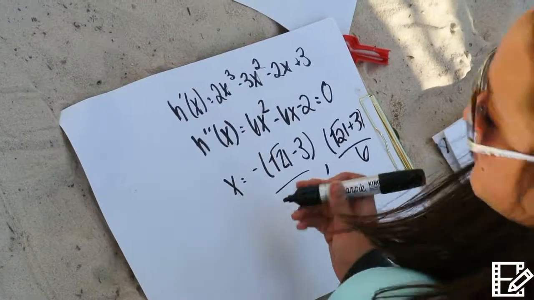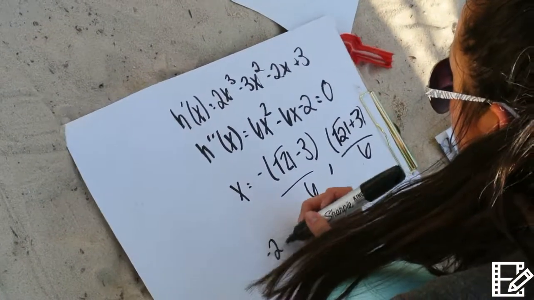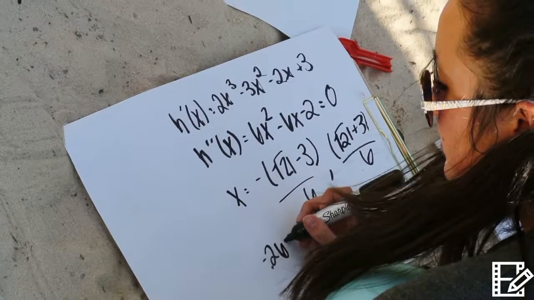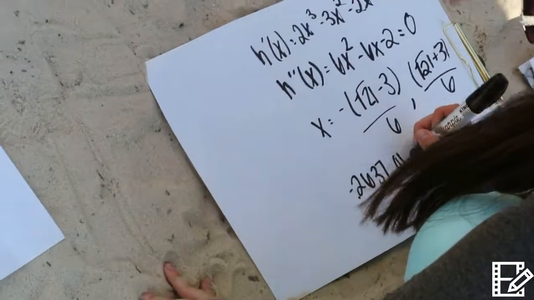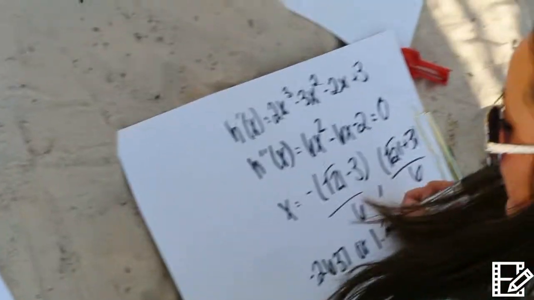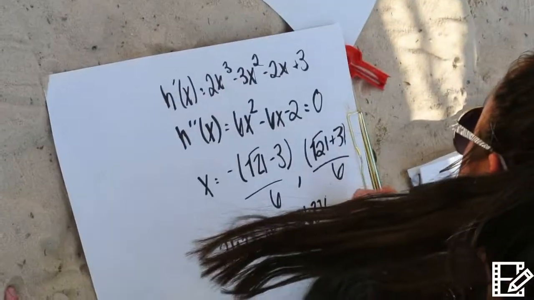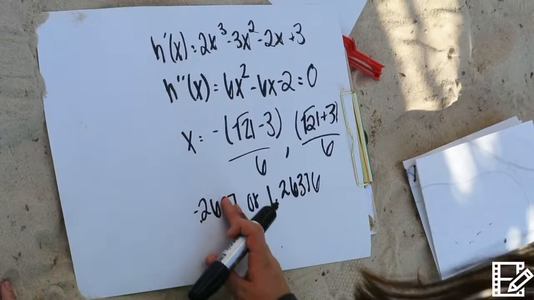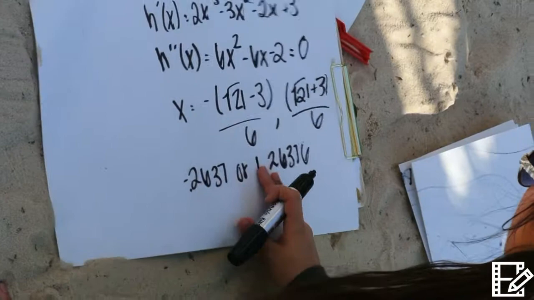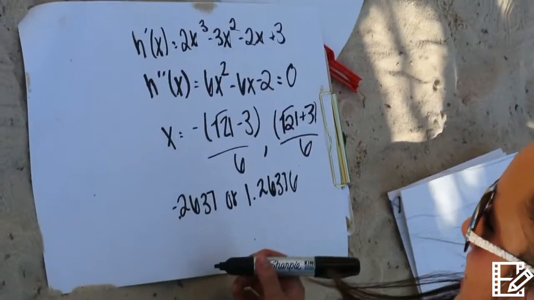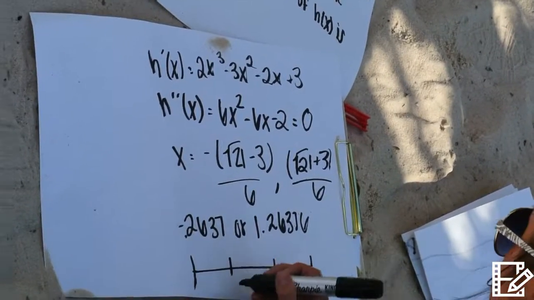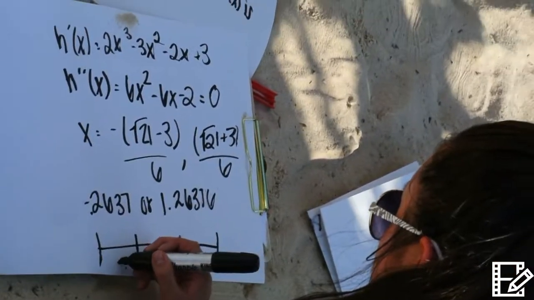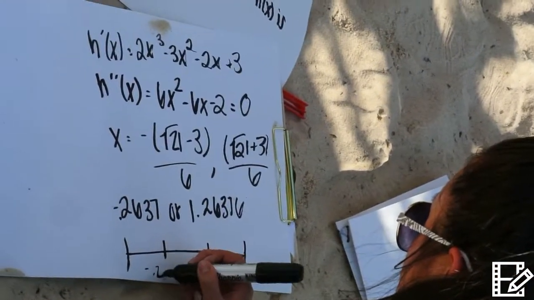Or the decimal approximation would be negative 0.2637 or 1.26376. So a lot like you did with the first derivative, we're going to use an interval test, or the second derivative test. We're going to find when the second derivative is positive and negative.